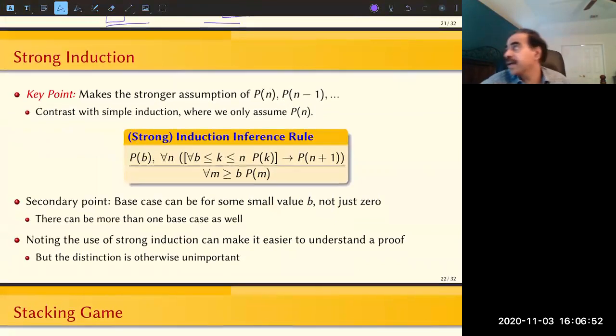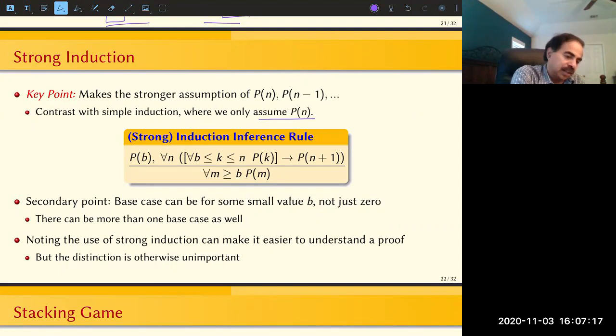So there is a variation of induction called strong induction. The difference between simple induction and strong induction is that in simple induction, we assume P of n, and then we prove P of n plus 1.